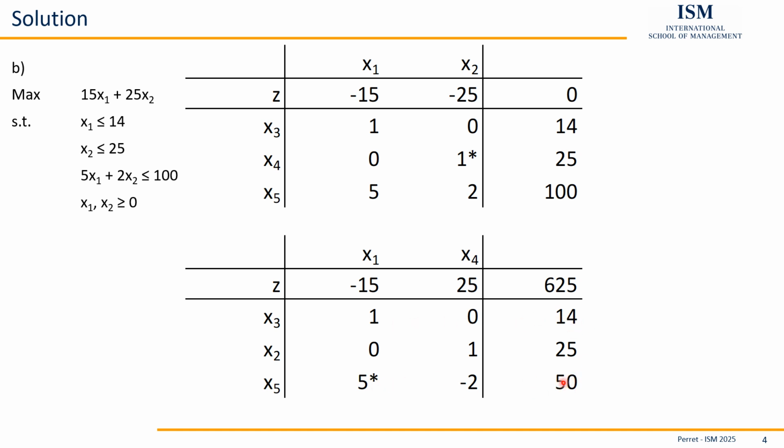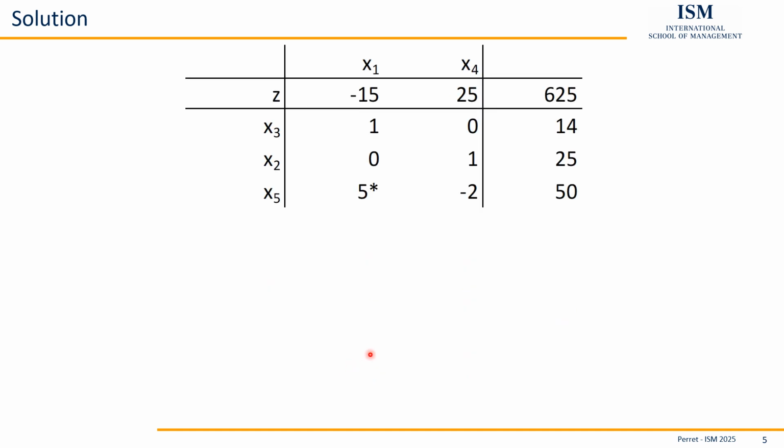Select the row which yields the lowest quotient, which here is this one with 10. So x5 becomes pivot row. So x1 pivot column, x5 pivot row gives us 5 as pivot element. So I'm going to switch then to the next slide and there do the retransformation based on 5 as pivot element.